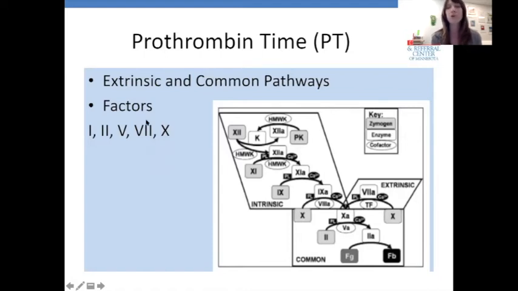So even before you get a prolongation of PTT, and even before you get clinical bleeding in a rodenticide toxicity, you're actually going to see a prolongation in your PT, which is why we have animals checked for PT time after toxicosis. And usually we're going to do that 2 to 3 days after the potential ingestion occurred. So that's the PT, or prothrombin time.